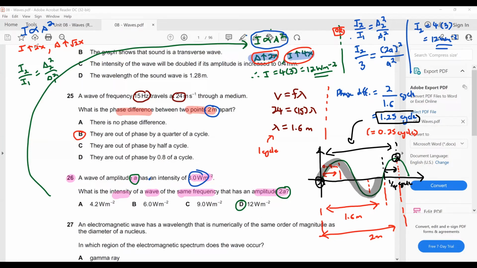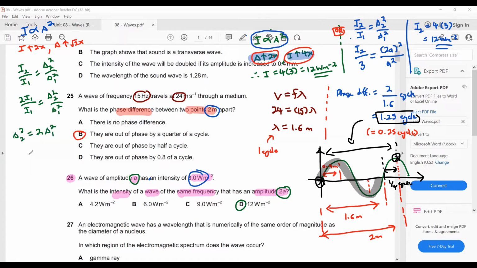If I increase by 2 times, that means I2 is 2I1. A2 squared will be the same as 2A1 squared. You square root this, A2 will be square root of 2 A1. Okay, that's why you get this.